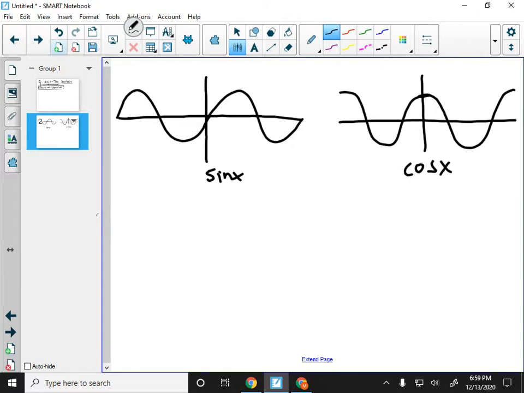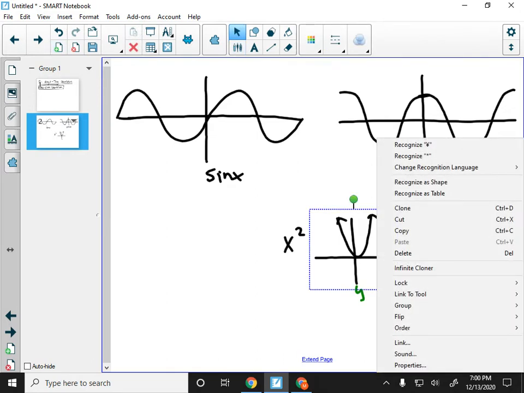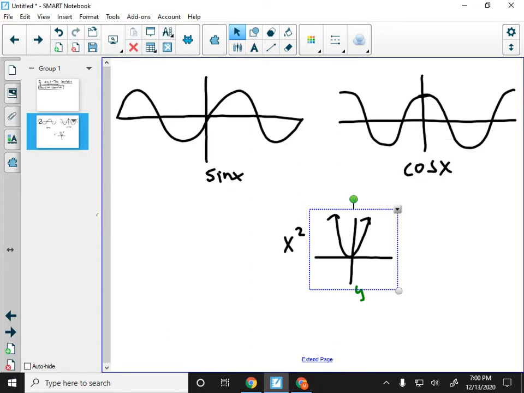One of these functions is considered to be an even function, and one is considered to be an odd function. If we think back to when we had x squared, and we said that was an even function. When we defined even functions before, we said even functions were ones that were symmetric about my y-axis. Meaning that if I were to take this and flip it left to right, it should look like the exact same function.